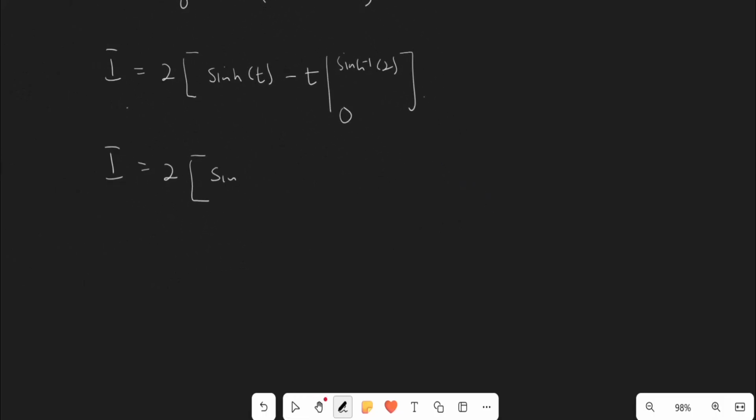That is going to be sine hyperbolic of the sine hyperbolic inverse of 2 minus the sine hyperbolic inverse of 2. That is your upper limit minus your lower limit. You plug in 0, which is sine hyperbolic of 0 minus 0.